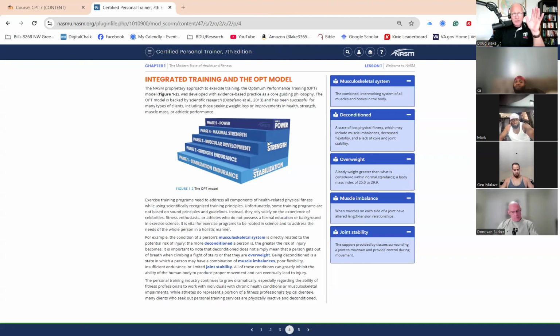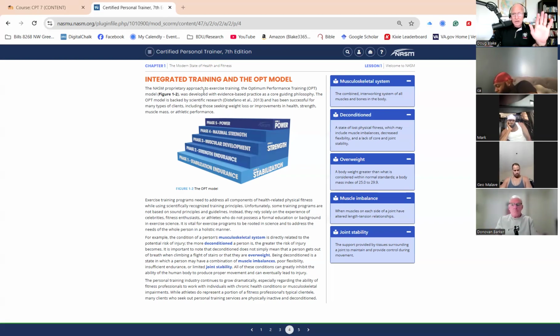So, guys, when you get into chapter 1, last week we talked about how to use the end of the chapter, the study review, the summary review, and then I've pulled us back to the beginning of the chapter. When it comes to testing, this is really where you're going to start the materials. What NASM wants you to understand, and they put a lot of emphasis on it, is their integrated training model, or their OPT model, optimum performance training.